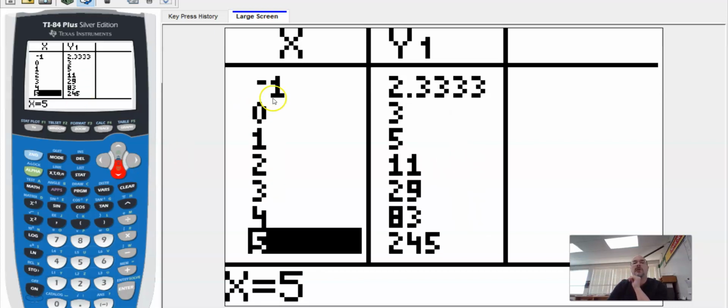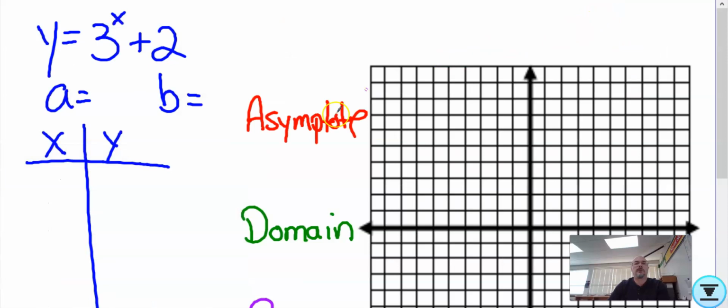All right, so what can I graph? Well, I could graph the 0, 3 and the 1, 5. Okay, those would fit. All right, so 0, 3, 1, 5. All right, so 0, 3. Let me make that blue. I want to stick with my colors here. And 1, 5.